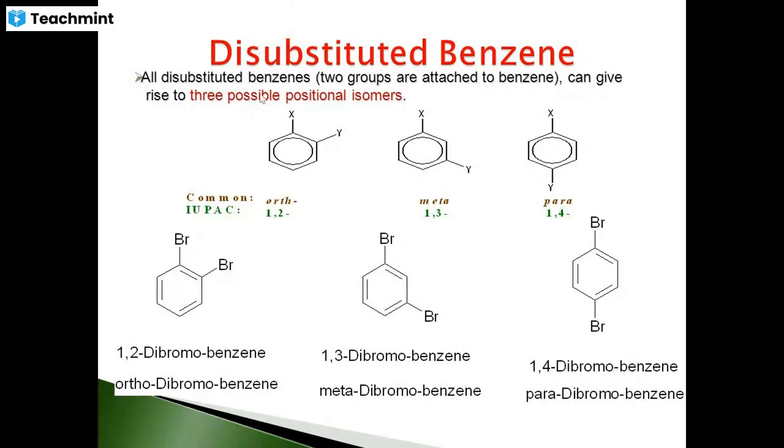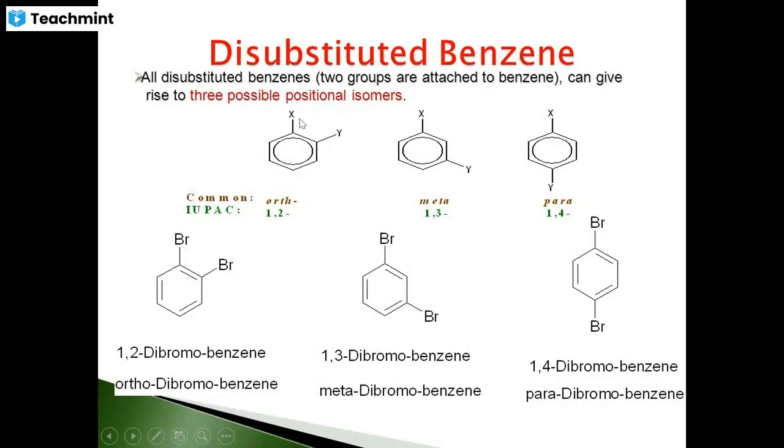Take the X and Y first compound. We can start from X as 1, Y as 2, in a clockwise manner. If you count anti-clockwise from the left side, X is at first and Y is at 6, so this is not convenient.